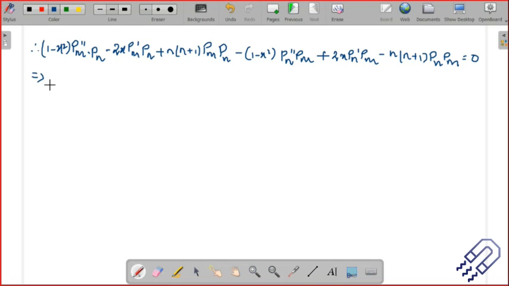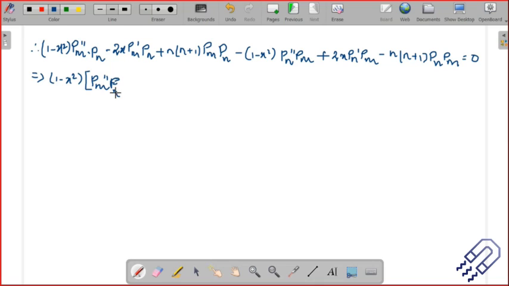So let's combine the terms here. 1 minus x square we can take together, and we can take these terms inside the bracket. So this is Pm double dash Pn, right? Let me write it down correctly.